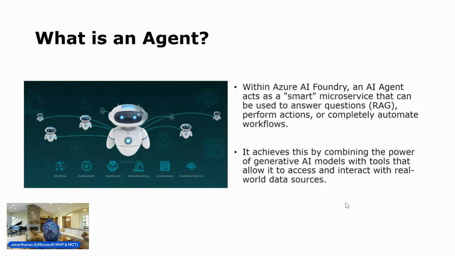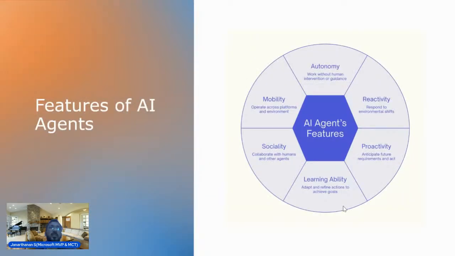And what is the beauty of the Microsoft Azure platform? With respect to Azure AI Foundry, they have launched a service known as Azure AI Agent Service. It's a new service where you will be able to deploy, build, and test any type of agents. It could be a single agent or a multi-agent framework. So we'll see what the features of these agents are.